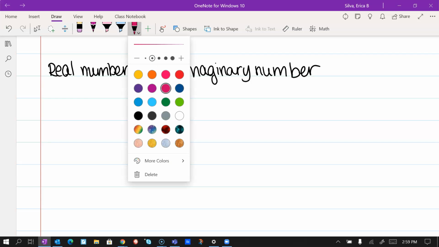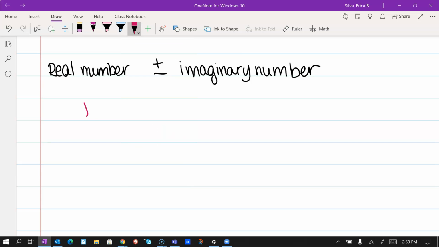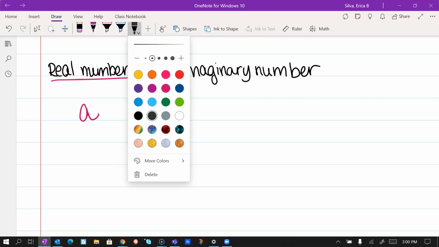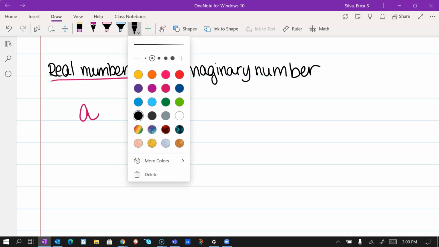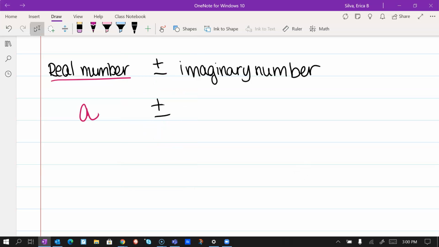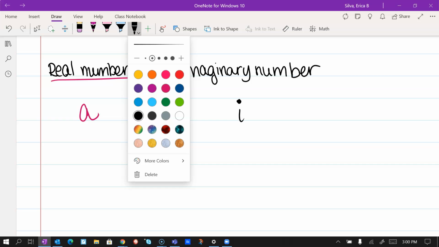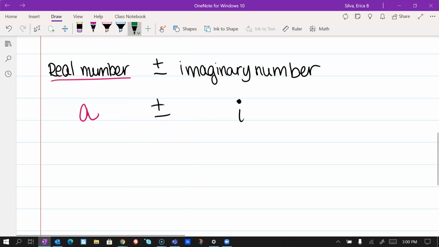We use a to represent a real number. And then we're going to do plus or minus. And then my imaginary number, remember we use the i. And then we also use a b as its coefficient.